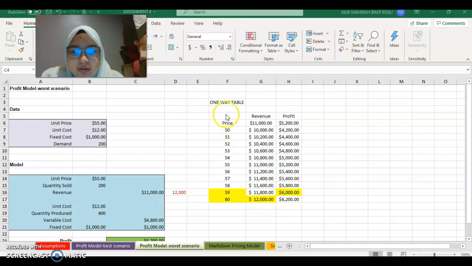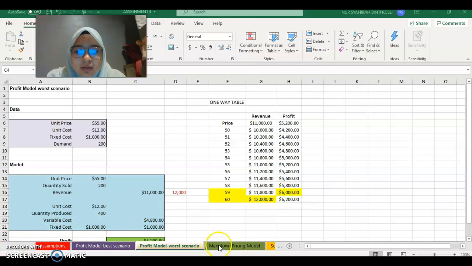I'm using the one-way table, and there are two prices that have the same revenue that we assume, and the profit is the same. But I choose the 59 ringgit because it's cheaper than 60 ringgit, and the profit is 6,000.